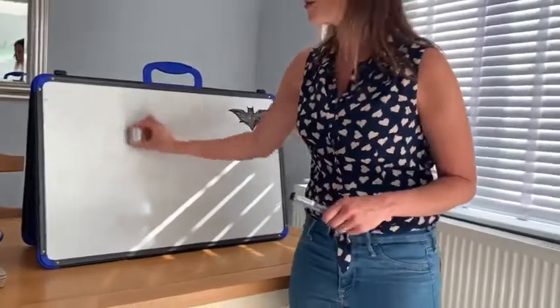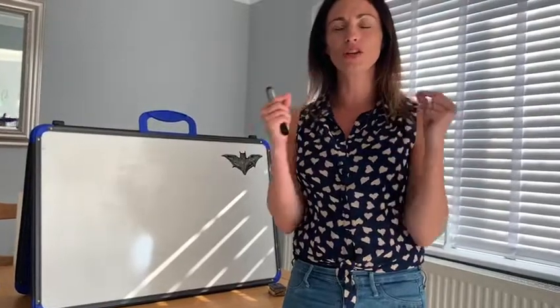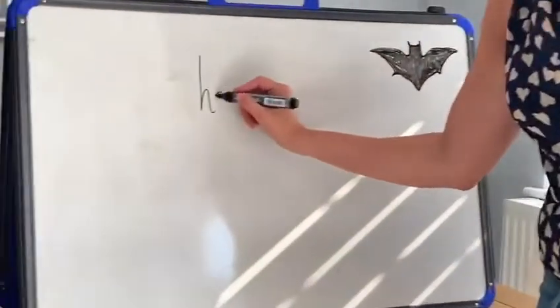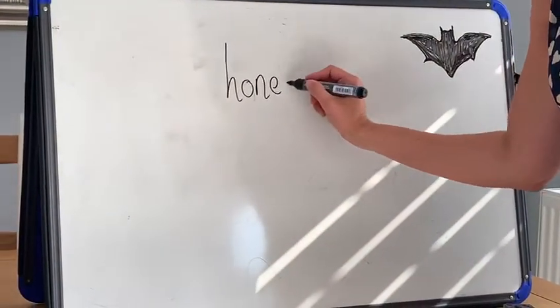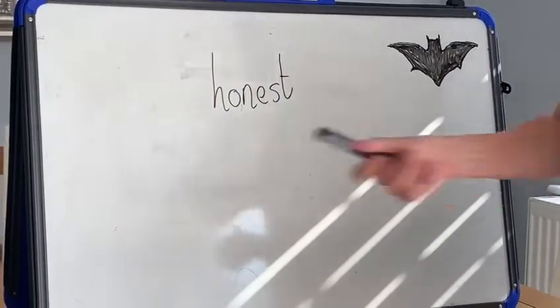Okay, I'm going to give you another word, and the word I'd like you to write now is honest. It is good to be honest. Where would that silent H go? Have a look. Do you know what that word looks like? And this one also goes at the beginning of the word, okay?